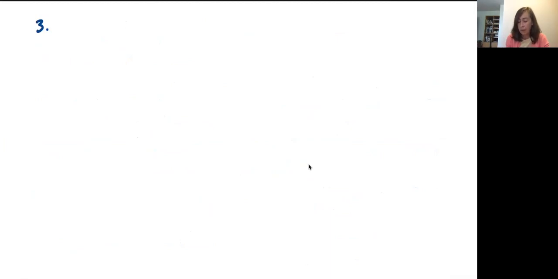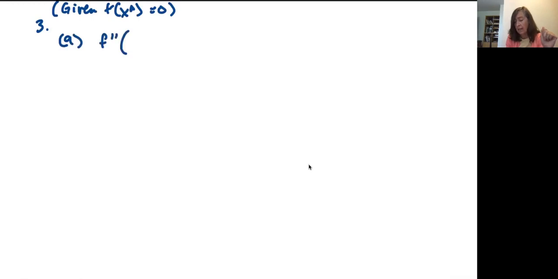Okay, so we're still reminding ourselves that we're at a critical point here, a point where the first derivative is equal to 0. And our third way of classifying that critical point is to look at the second derivative evaluated at the critical point.